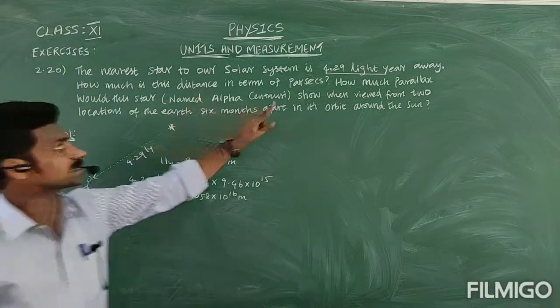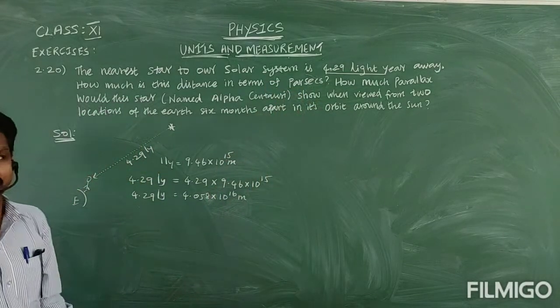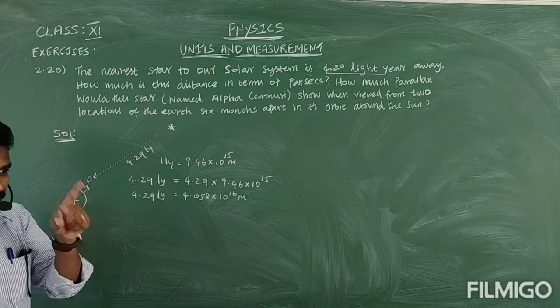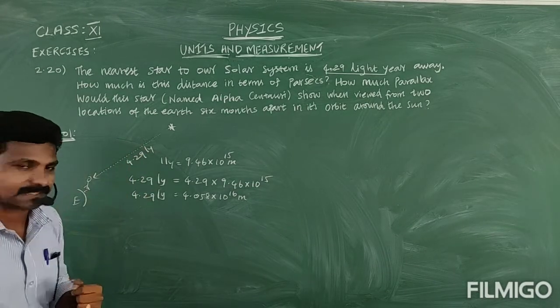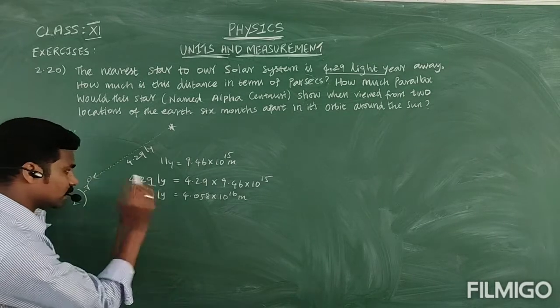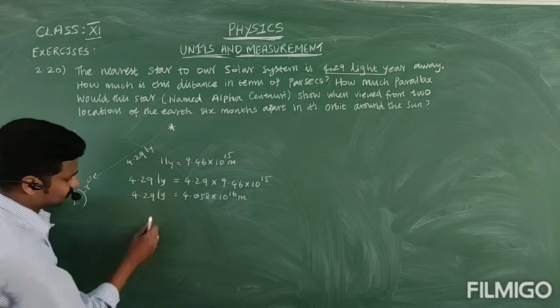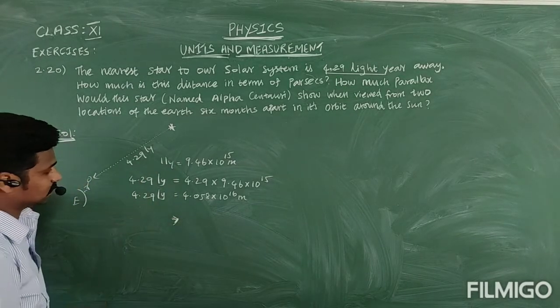Parsec is related to the parallax angle: if the parallax angle is 1 second, then that distance is 1 parsec. So now we can convert the given value into parsec.